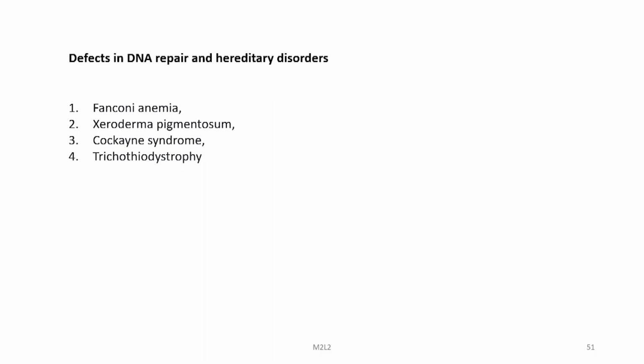Some of the diseases that may occur due to defects in the DNA repair mechanism are Fanconi anemia, xeroderma pigmentosum, Cockayne syndrome, trichothiodystrophy, and there are many. These are some of the diseases, and the list is endless. As already told to you in the beginning of the lecture, if the DNA repair mechanisms fail, it may lead to many mutations and genetic diseases.